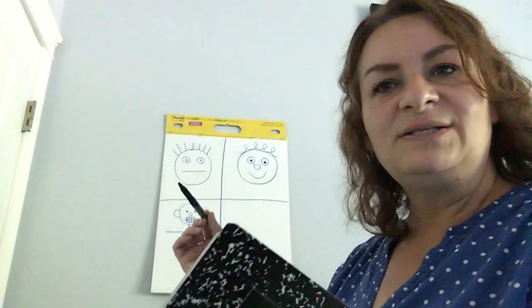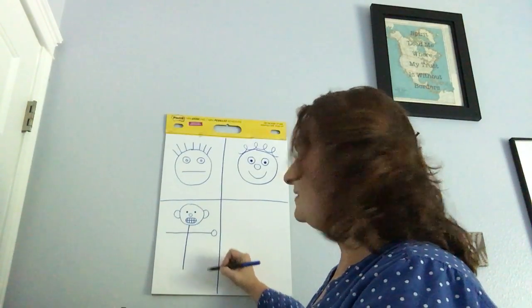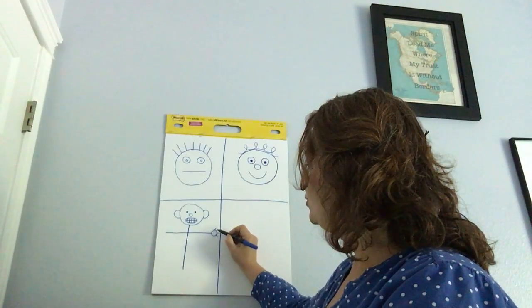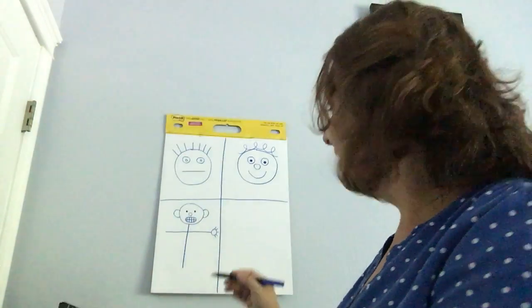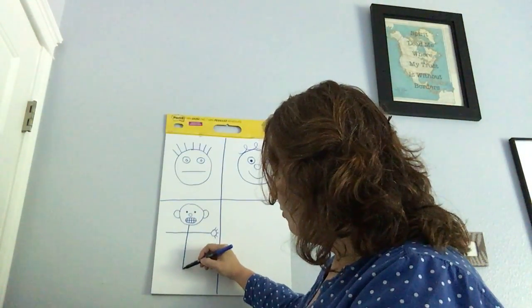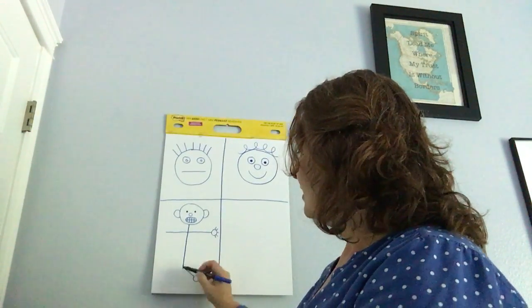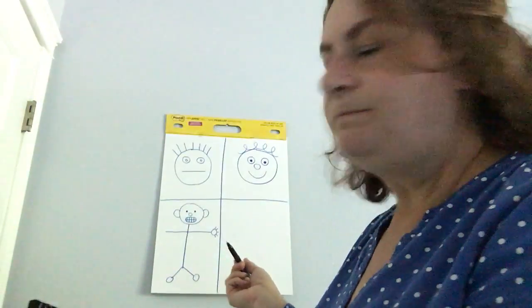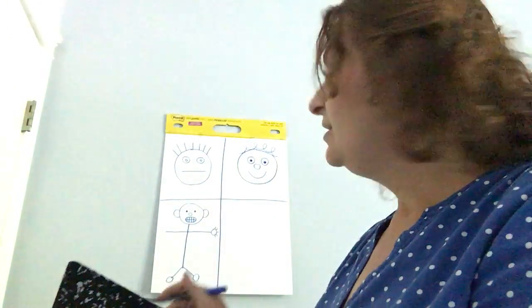Some people, as they're learning, may make the hands with a circle like this, and they may make fingers like this. 1, 2, 3, 4, 5. And that's okay. That's a great person. And they might do the same with the foot. They might go and make a foot over here, and then over here. It's up to you. But right now, we're just learning what 2 and 3-year-olds are doing for the most part.